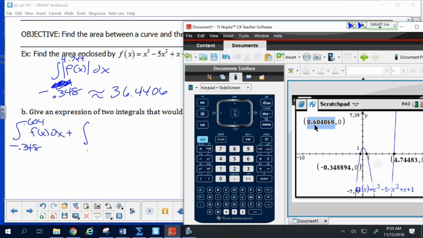From 0.604 to 4.744 of negative f of x. Because that region was below the axis, use the opposite of f of x. That would achieve the same idea, making all negative y regions positive y regions. The absolute value and the switched f accomplish the same thing. You with me? Okay.